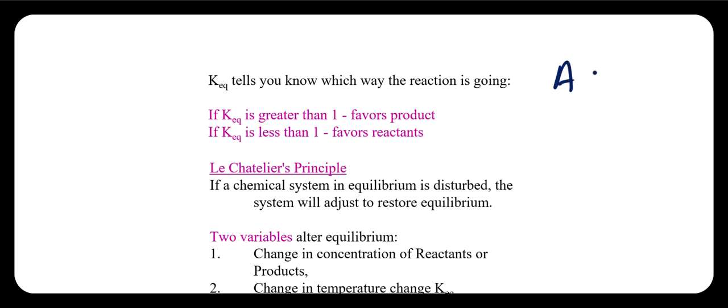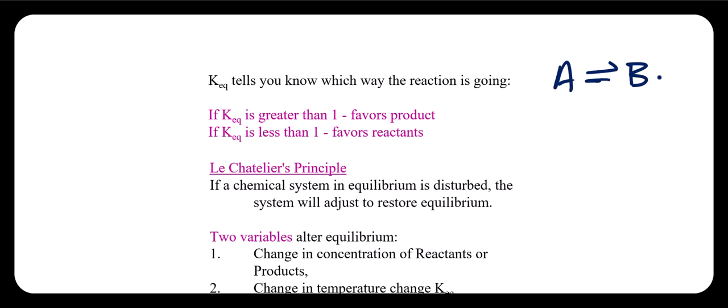So I might have A, and in a reversible reaction, A can go to B. So I might have right now A and B in equilibrium. But we said if I do anything to mess up that equilibrium, the system is going to adjust to restore the equilibrium.